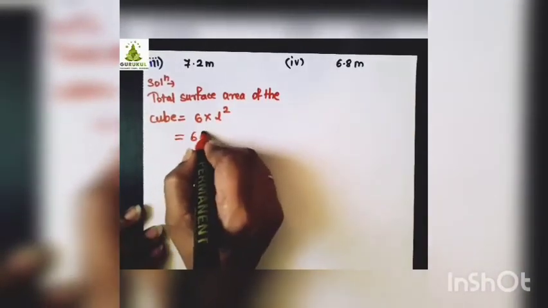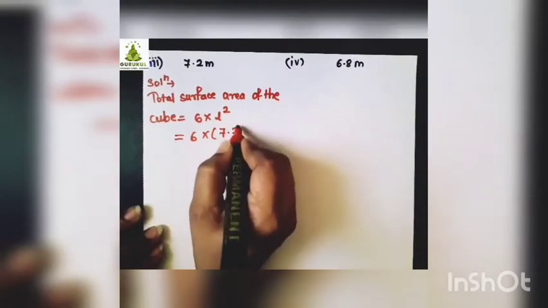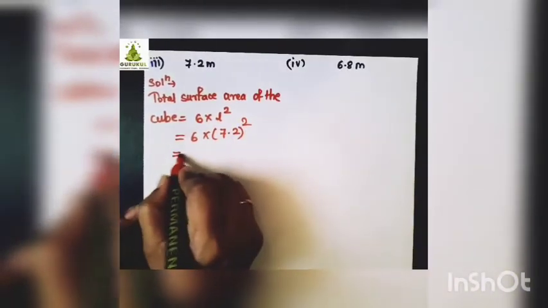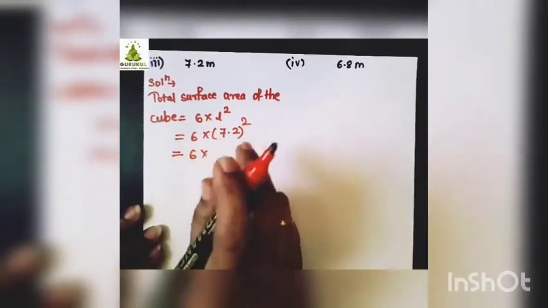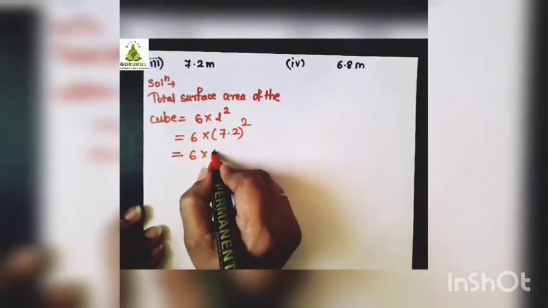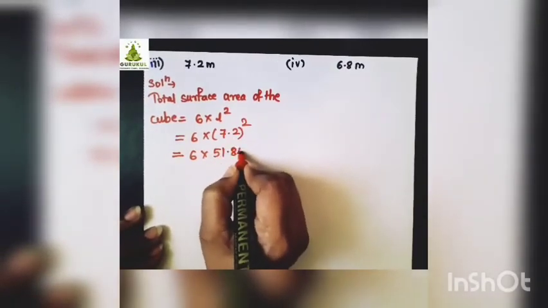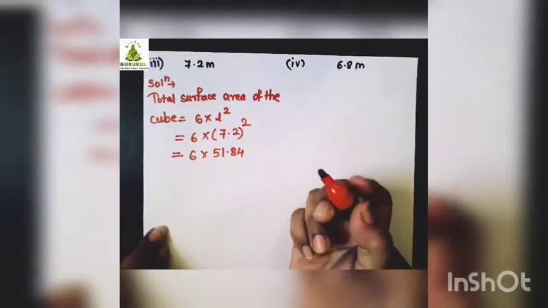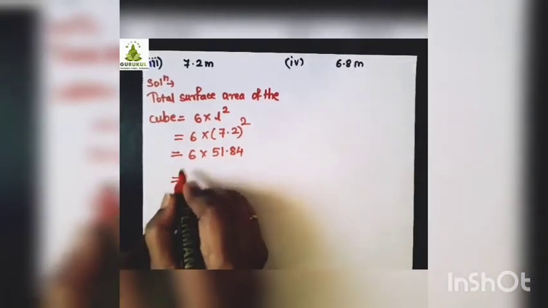Anyway, 6 into 7.2 square. Now here you cannot do the multiplication orally, so you have to do it in rough work. 7.2 square is 51.84. Then do the multiplication.